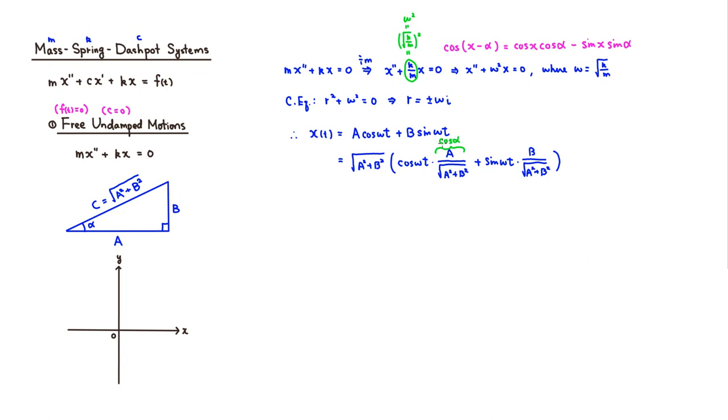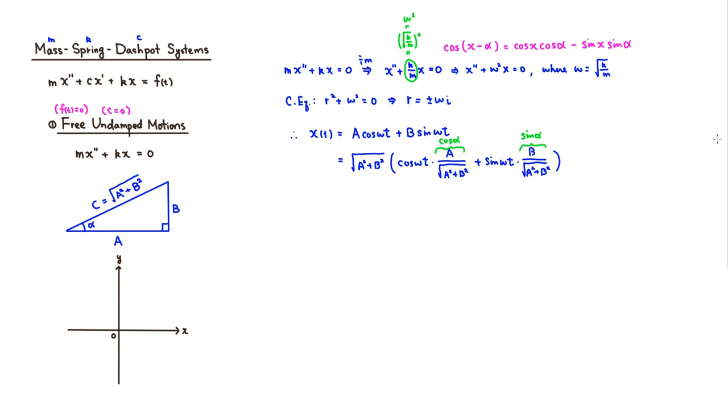And b over the square root of a squared plus b squared is opposite over hypotenuse, which is sine of alpha. So what you get is cosine of omega t cosine of alpha plus sine of omega t sine of alpha.